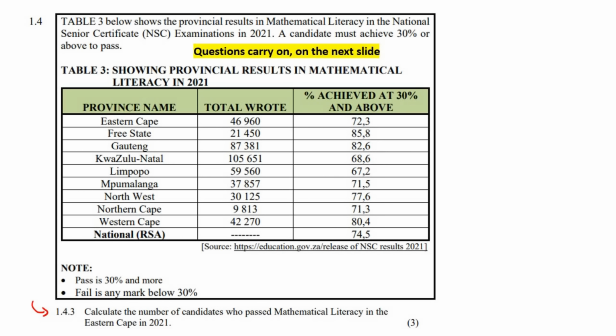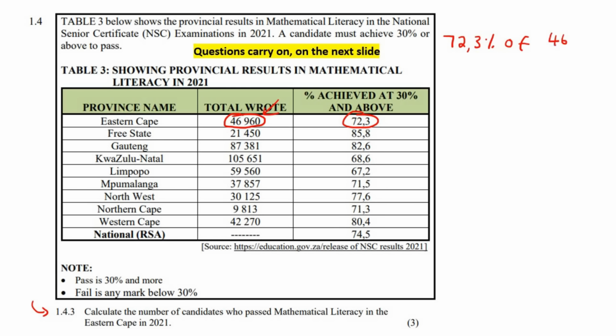The next question says, calculate the number of candidates who passed mathematical literacy in the Eastern Cape in 2021. In the Eastern Cape, there were 46,960 learners who wrote. How many passed? 72.3%. So you need to work out what is 72.3% of all of the learners who wrote in the Eastern Cape.